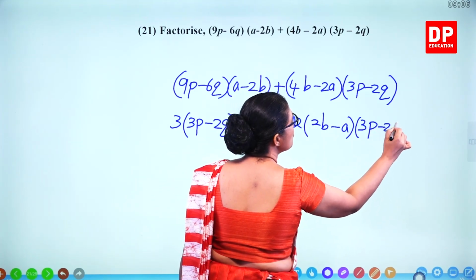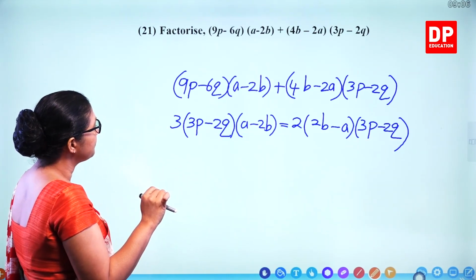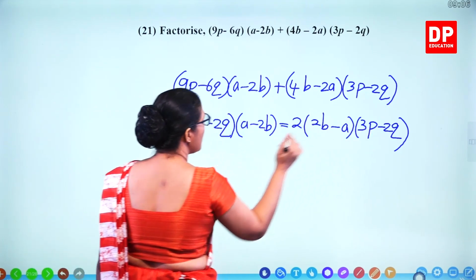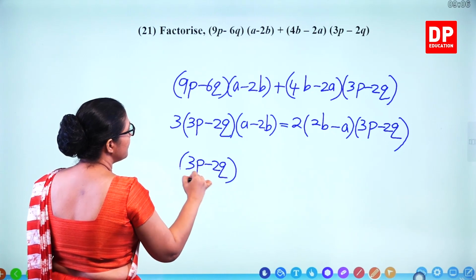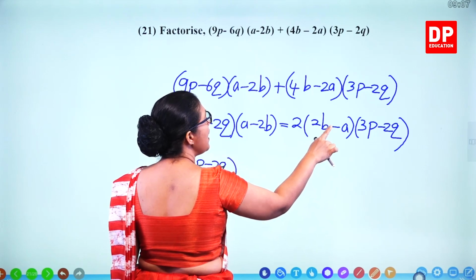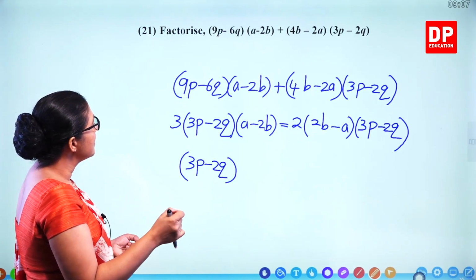3p minus 2q. Now see, what are the common terms? Here, this one is common. 3p minus 2q common. Can you see a minus 2b here? 2b minus a. So just a minus sign is there.